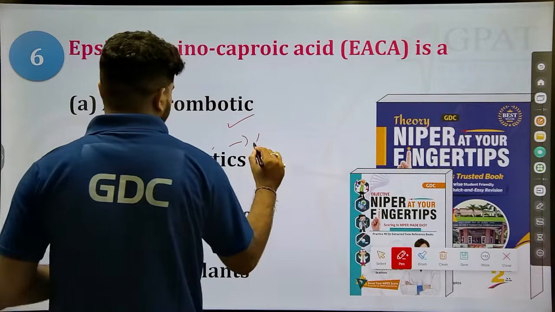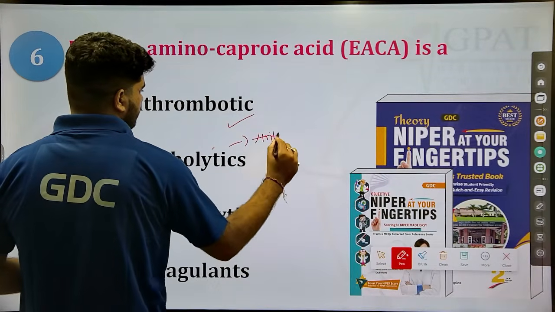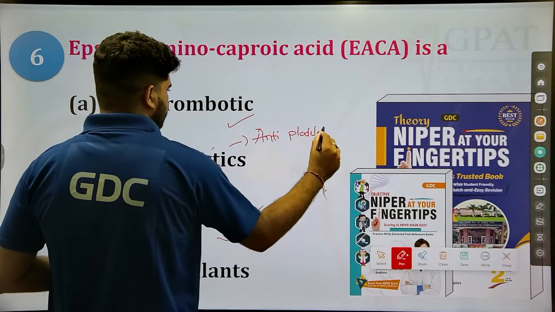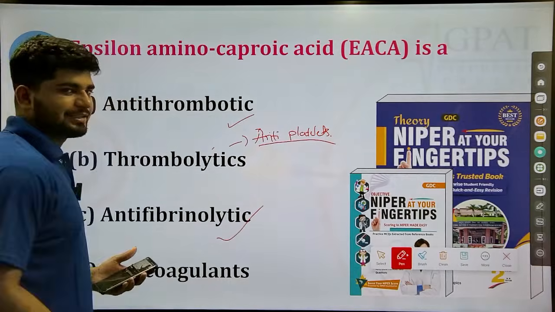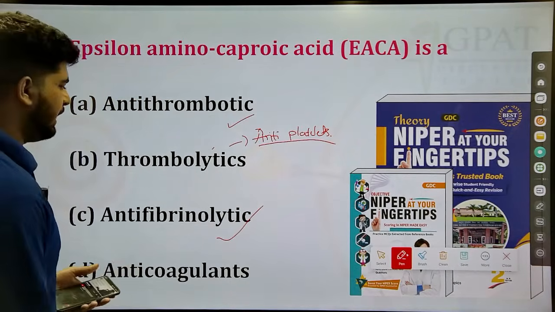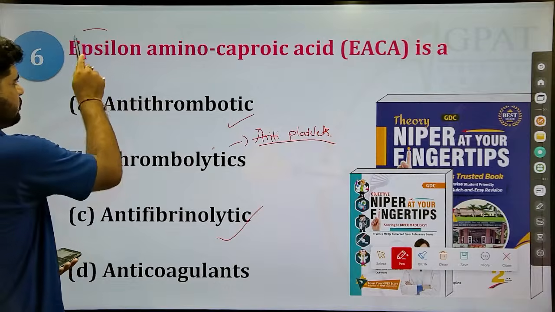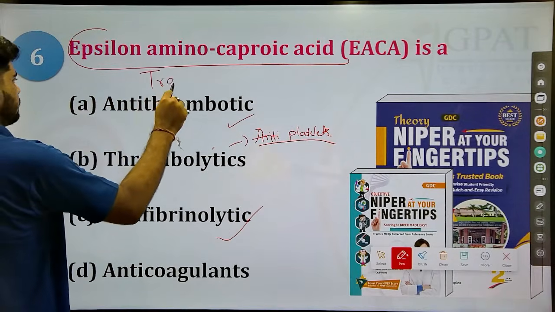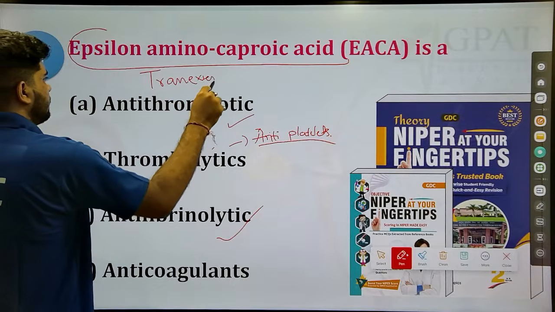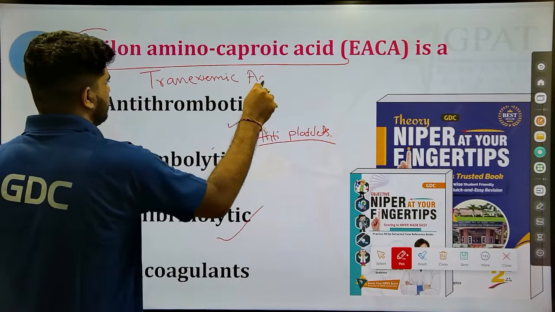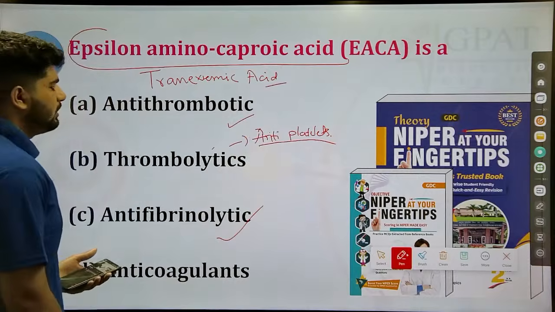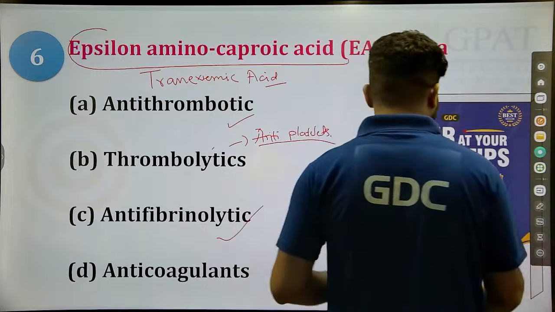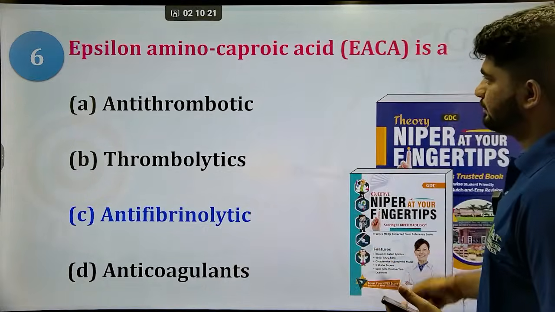Antiplatelets, for example, TXA2 inhibitors and aspirin. Antifibrinolytics are your epsilon aminocaproic acid, along with that tranexamic acid also. Chalo, very nice.